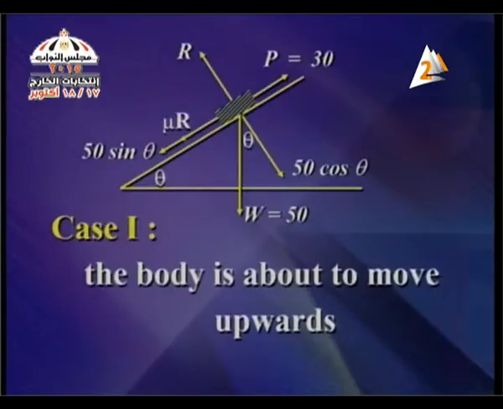Case number 1. The body is about to move upwards. If the body is about to move upwards, then mu R is downwards.